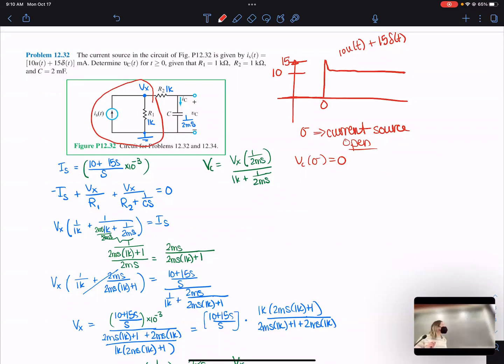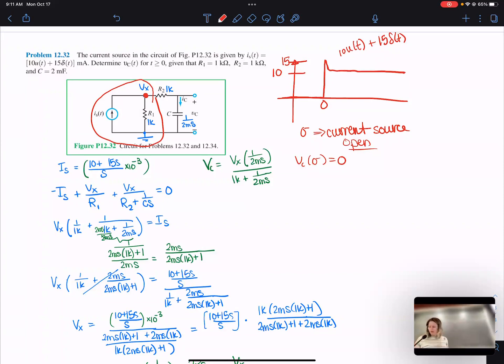So converting that part to a voltage and a resistor, and then just doing the divider right away. I chose to leave it there and do node voltage. If I find node voltage, that means I know this voltage here, and then I can take this off. I can take a voltage divider between the capacitor and R2.